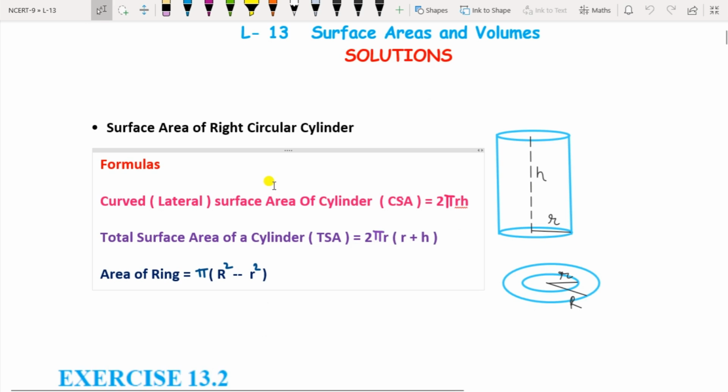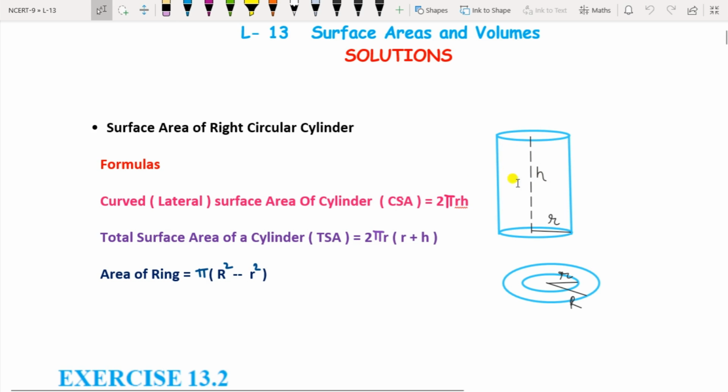The formulas to be applied here are, first, the curved, or lateral, surface area of the cylinder, but in the case of a cylinder we use the word curved only. The curved surface area is CSA equal to 2 pi r h.